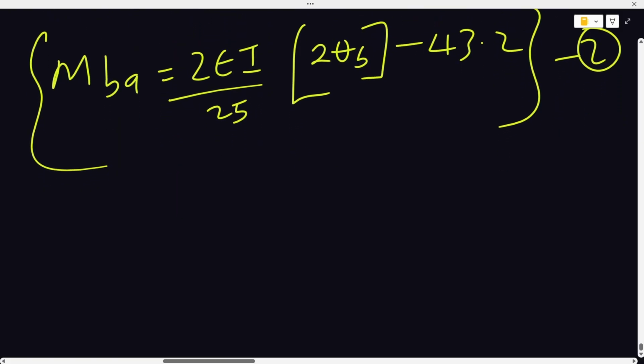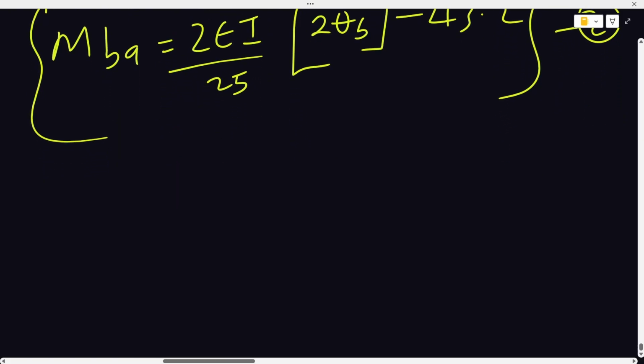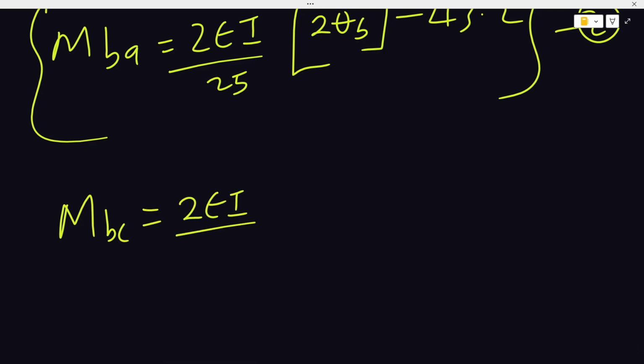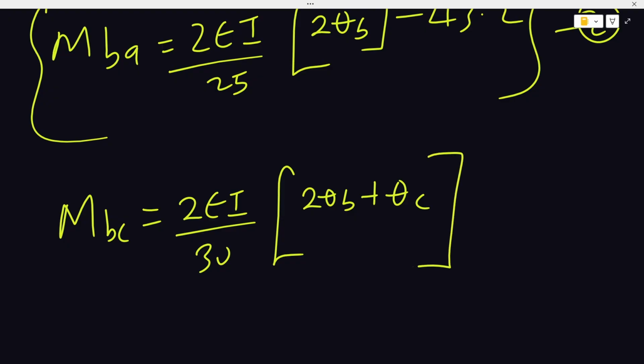Now MBC is 2EI over 30, 2EI over L, 2 theta B plus theta C minus, of course that guy is 0, no settlement, no sinking, plus FEM BC. FEM BC is 150 kilonewton meters.